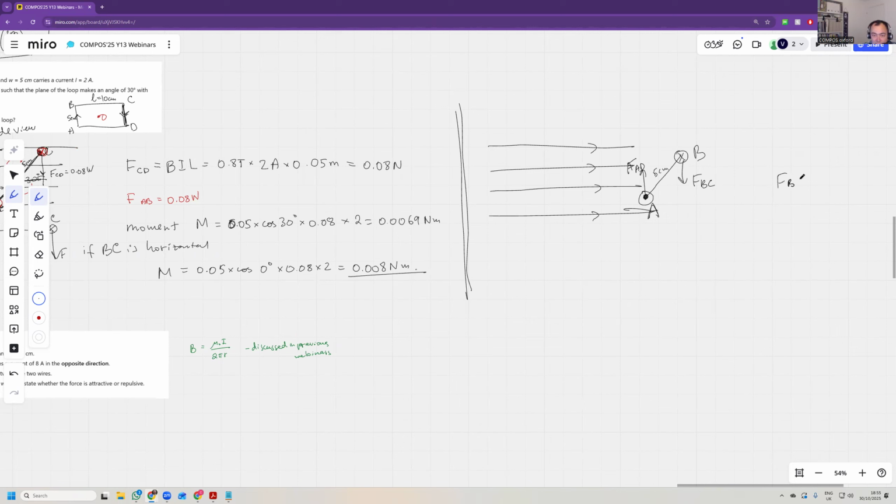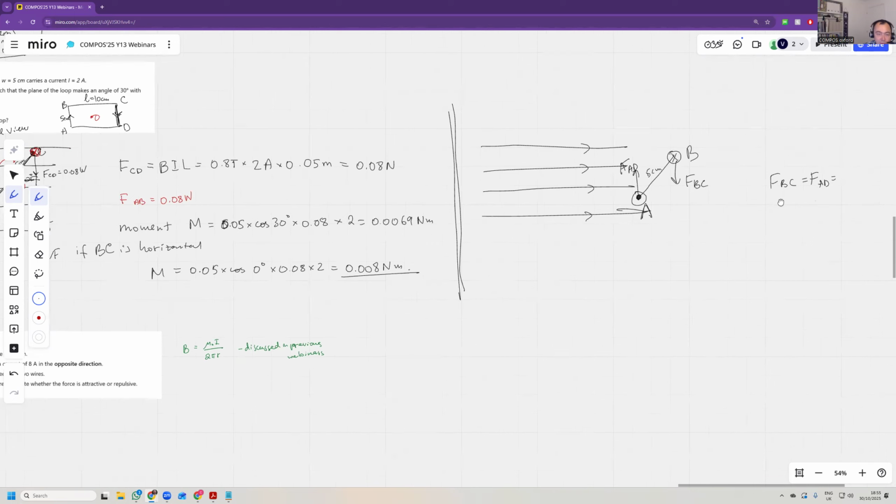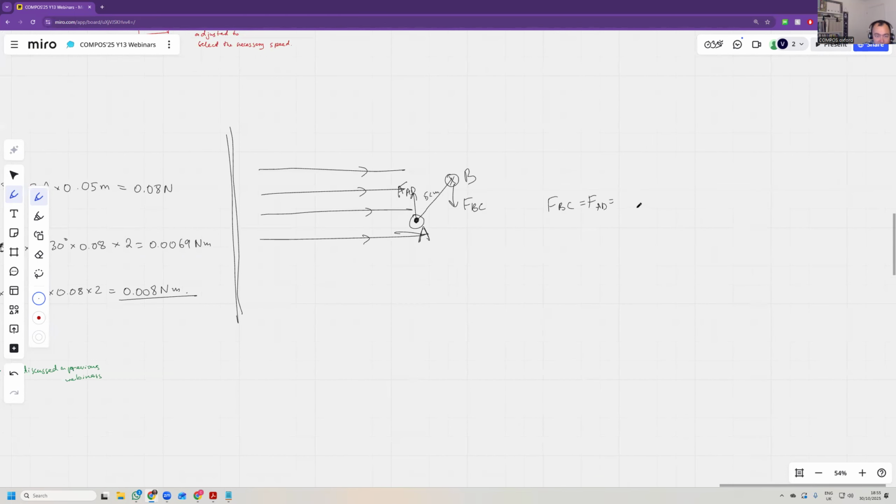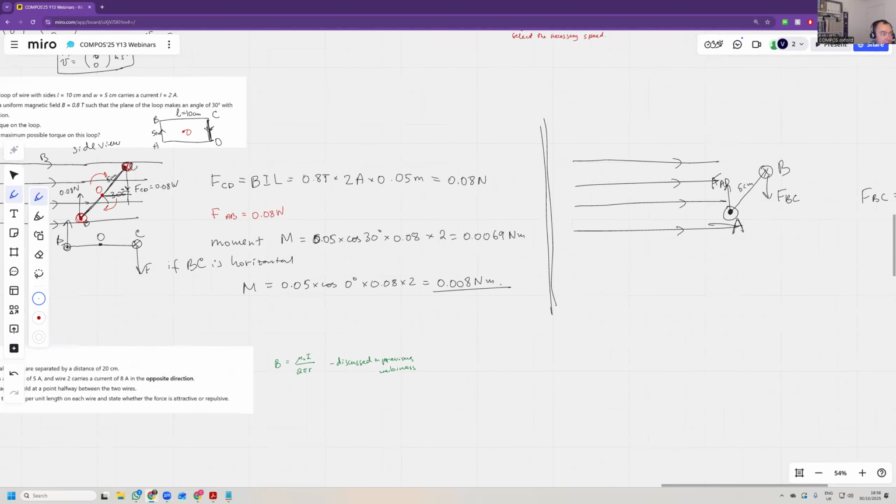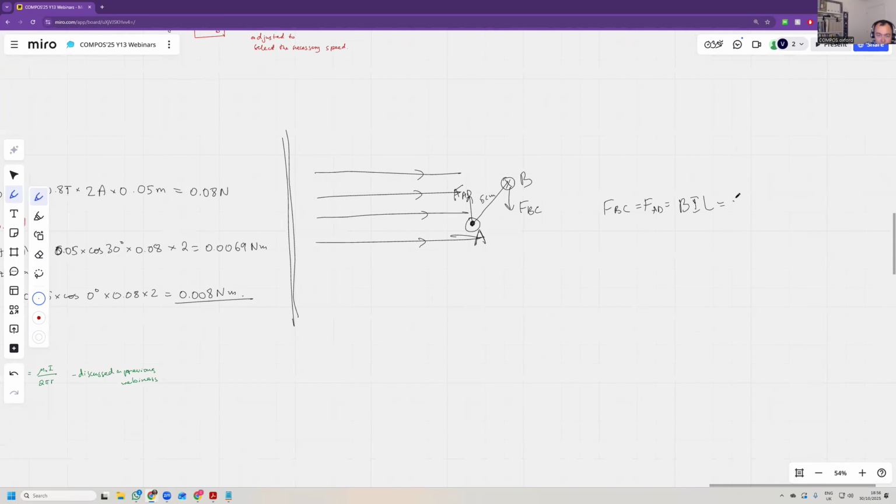And the force on the section BC is the same as the force on the section AD, which is equal to BIL. So what's B? B is 0.8, the current is 2, and the length is 0.1. 0.8 times 2 times 0.1. That is 0.16 newtons.